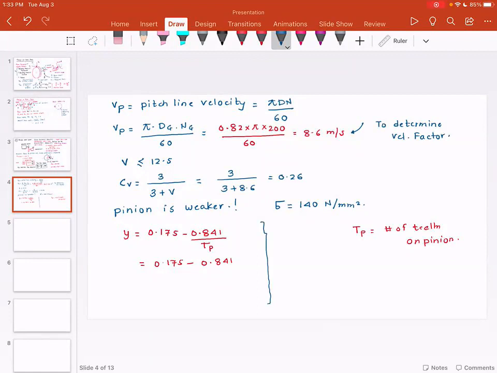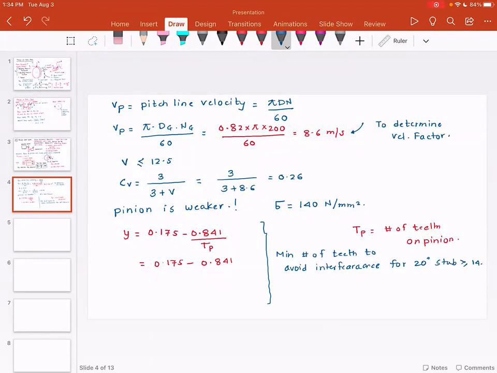First and foremost, since this is a design problem, as an engineer, you have a choice. What you can say is the minimum number of teeth to avoid interference for 20-degree stub should be greater than or equal to 14.